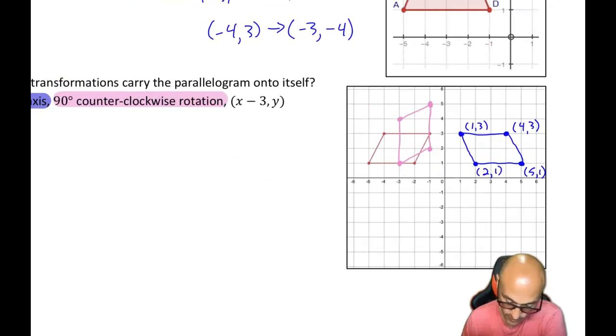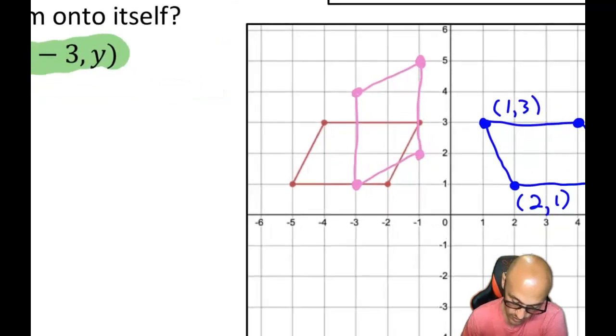And the third transformation, let's do it in green. That's just moving to the left 3. So every point will be moved to the left 3 units. So from here, 1, 2, 3.